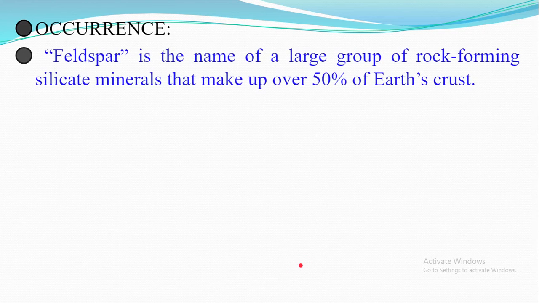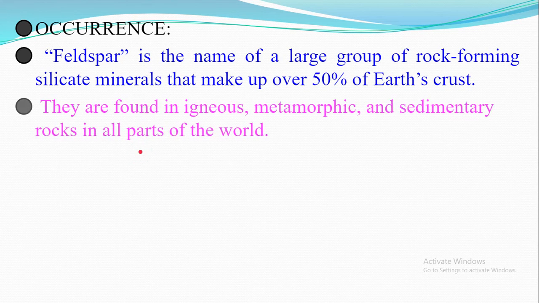Now the occurrences. Feldspar is the name of a large group of rock forming silicate minerals that make up 40% of the earth crust. Very important. In the earth crust, whatever rocks you will get, 50% of these rocks are made up of the mineral feldspar.